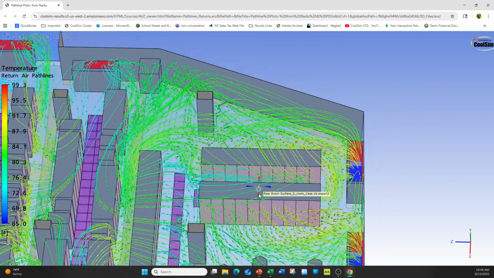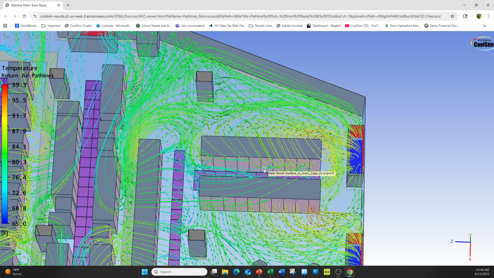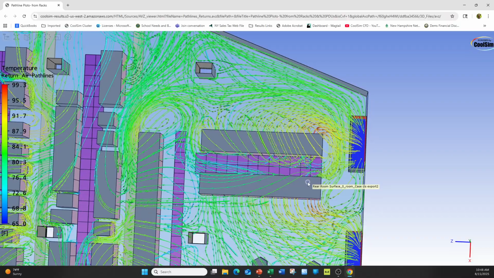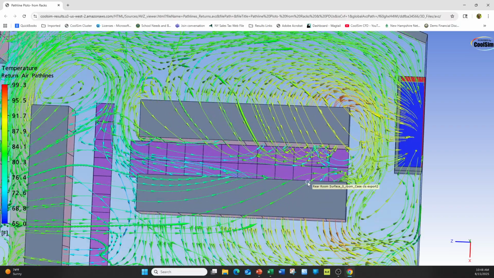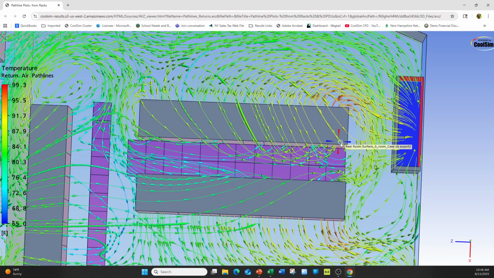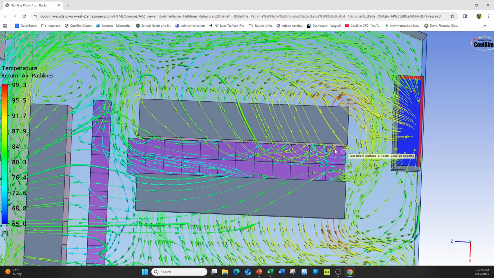It is a misconception that putting the racks close to the cooling equipment is good. It can actually be bad because if you get it too close, these racks will recirculate. You can see here again it's recirculating around the end. That's because the performance of these perforated tiles is poor, and so the racks pull air from their own exhaust back around to the intake.